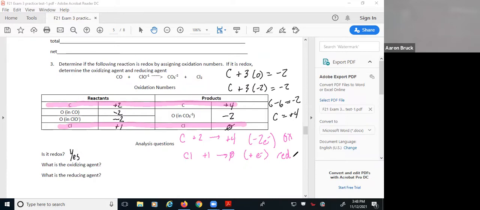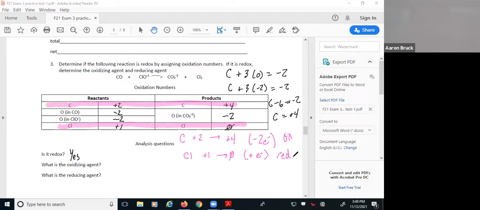And so if you said that the ClO minus was reduced, that isn't really correct. Part of it was the chlorine, but the whole ion was not.